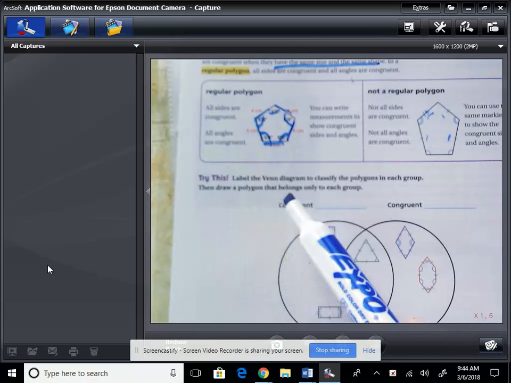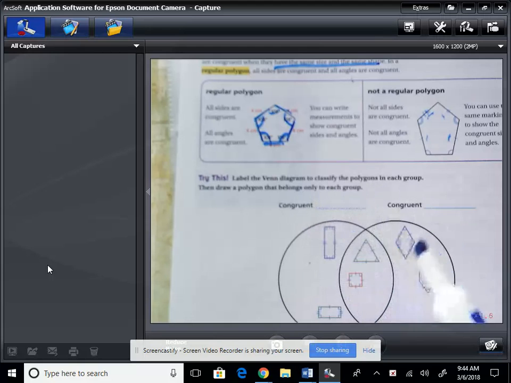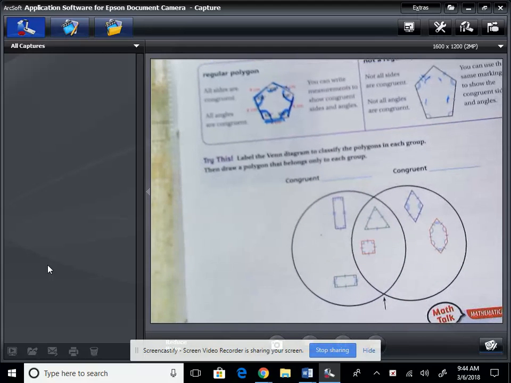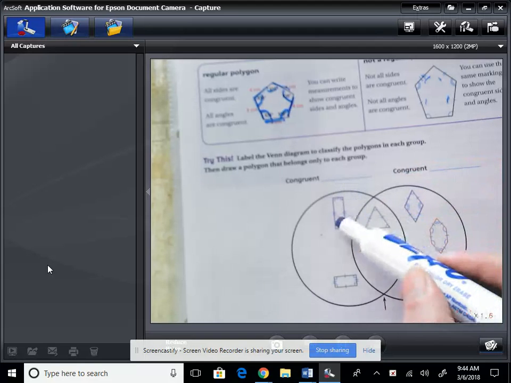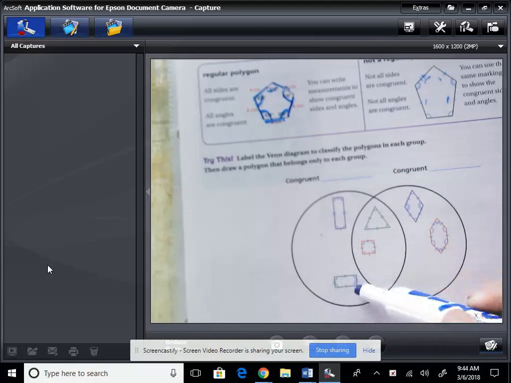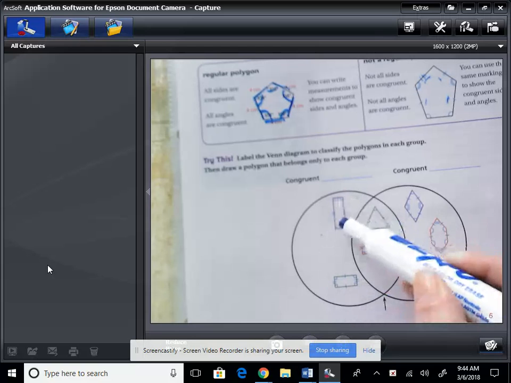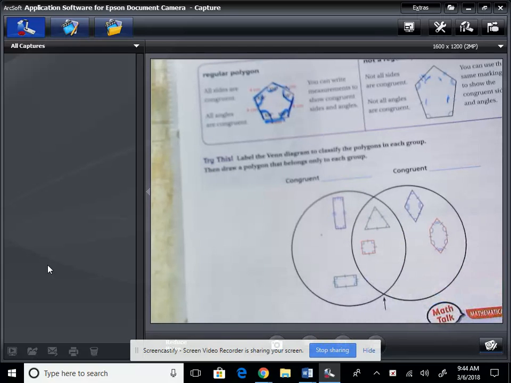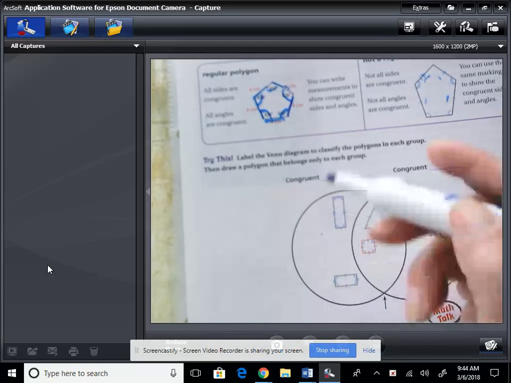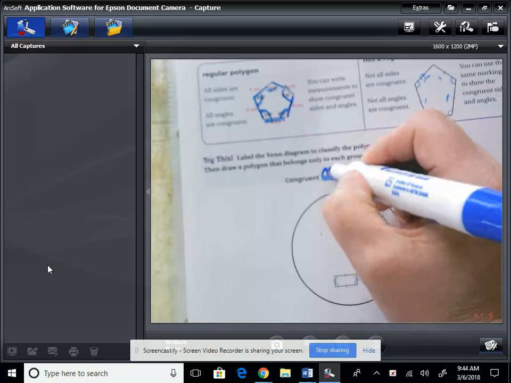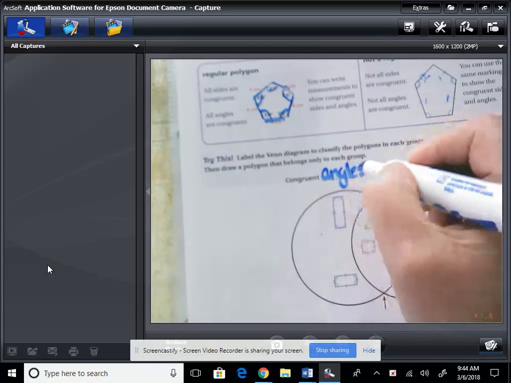So let's look here. Label the Venn diagram to classify the polygons in each group. Okay, so these all have what? If I look, all the sides are not equal, but all the angles are. So I'm going to put angles belong here.